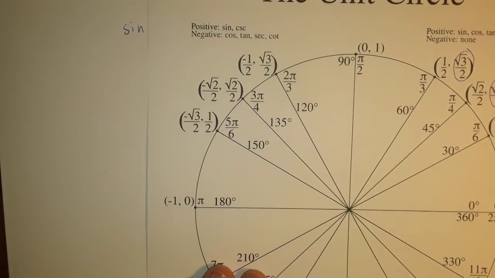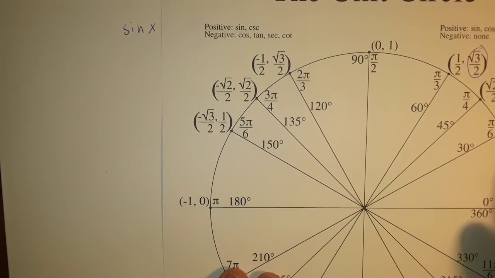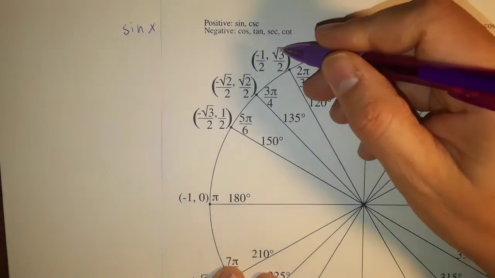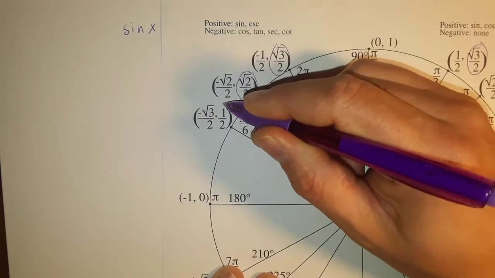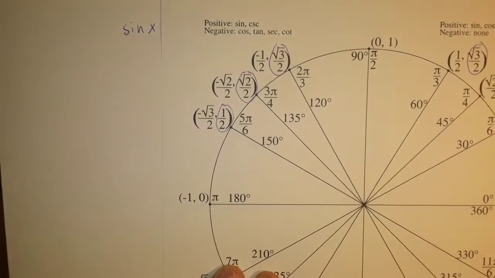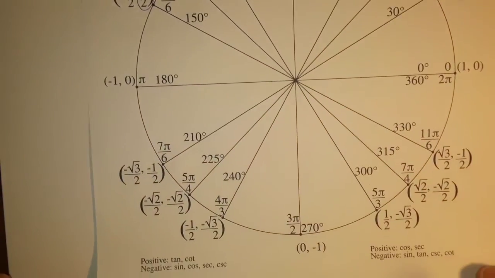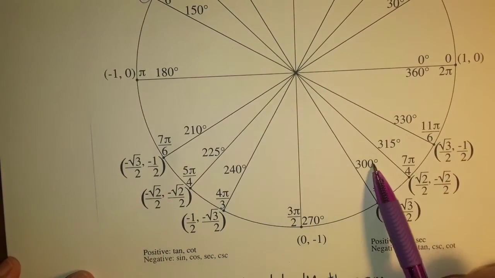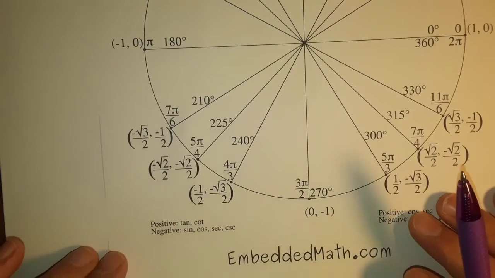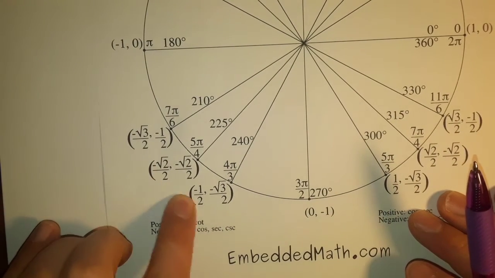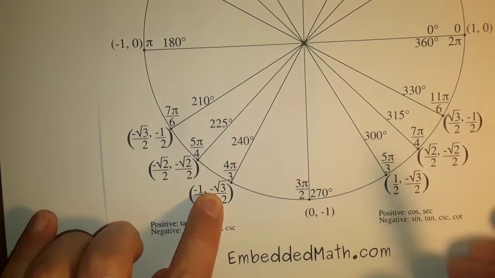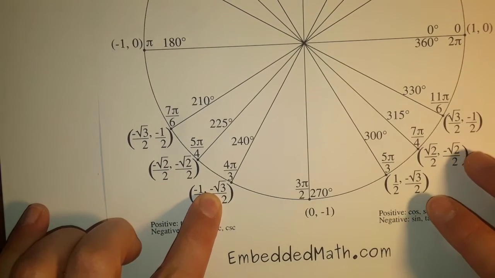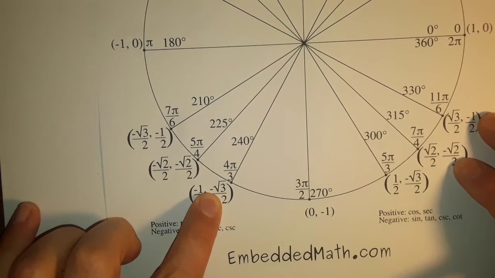What about in the second quadrant? In the second quadrant, we also see that the sine is positive. While if we look at the third and the fourth quadrant, we see that we have negative values for sine in here and in here, right?